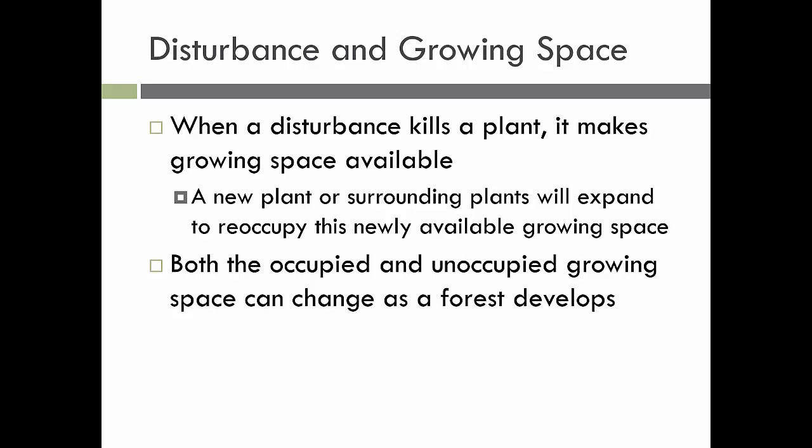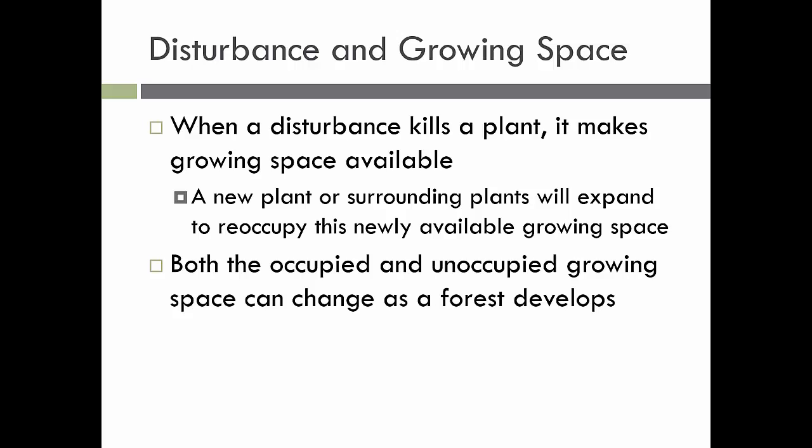And this idea of both the occupied and unoccupied growing space can change as a forest develops. And we see this with succession. We see that vegetation influences what's available and unavailable. And that's where we get at some of these slight differences.